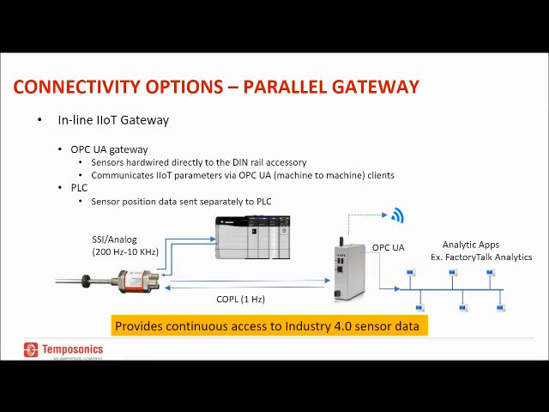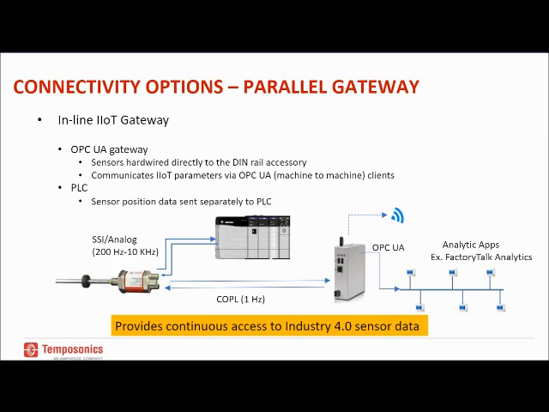Now, there is a reduction in terms of the speed at which this information is being transmitted. When it comes to the OPC-UA environment, you're talking about using COPL communication, that's communication over power lines, if you will, to transmit that information from the sensor to the OPC-UA server. That updates at a rate of once per second.